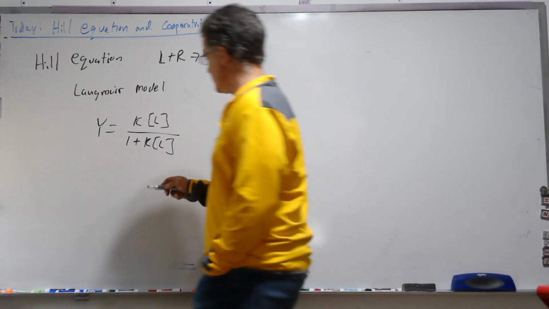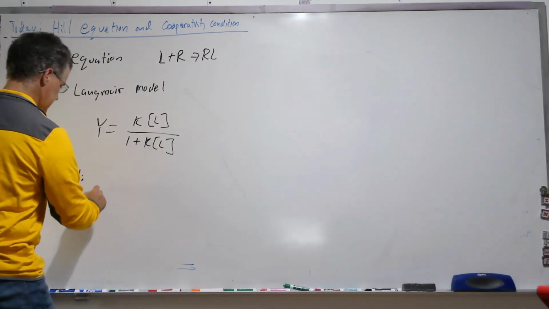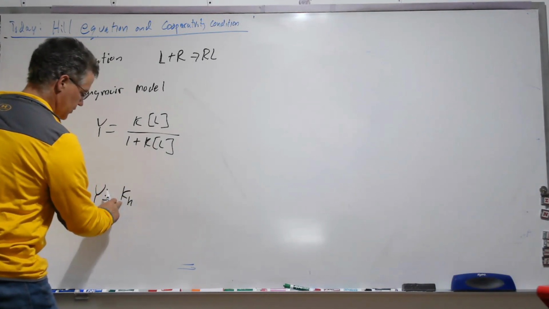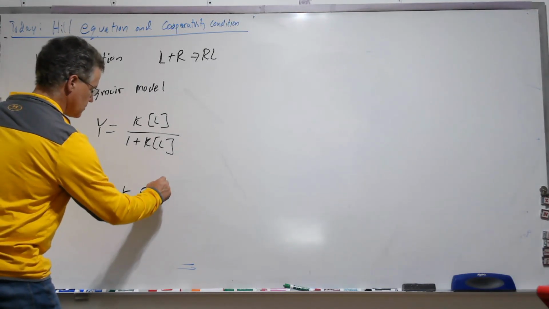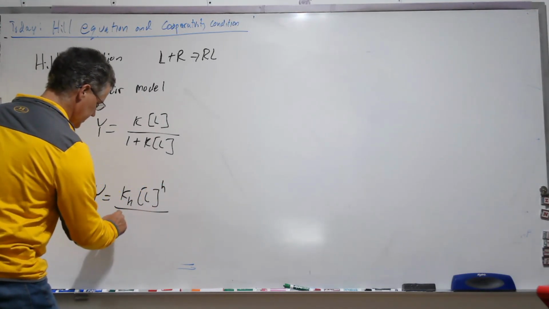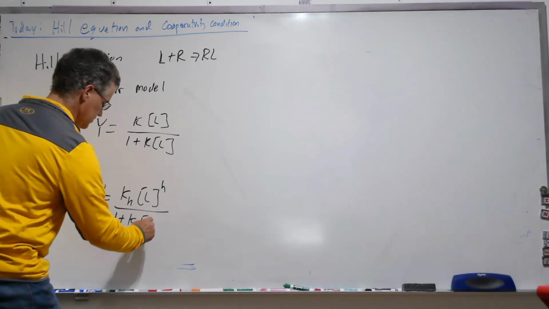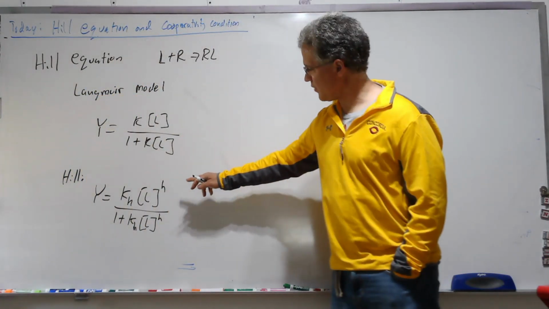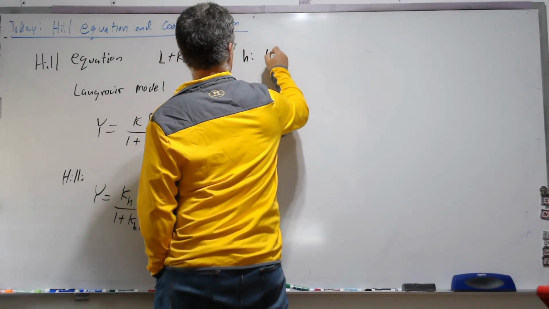So what the Hill model does is we mark that as KH to stand for K Hill. We raise the ligand concentration to what's called the Hill coefficient.